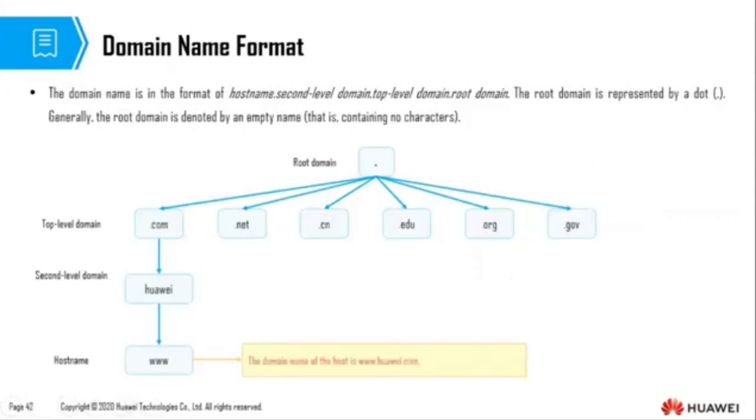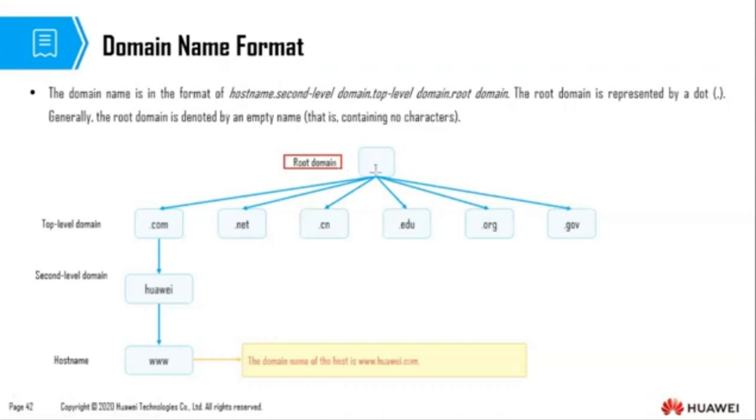The domain name format is, as you can see, it adapts an inverted tree like structure or architecture. So at the very top of it, we have what we call the root domain.